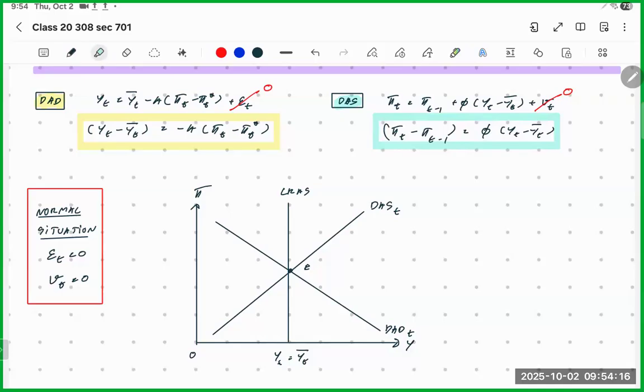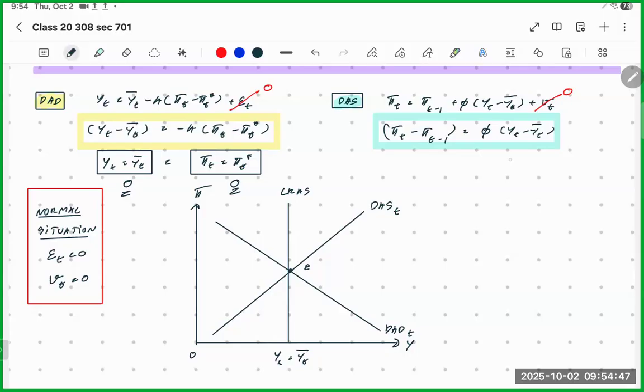Then let's see. At the equilibrium point, YT equals YT bar. Looking at the AD equation, the left-hand side of the equation equals 0, which means the right-hand side is supposed to be equal to 0 too, right? So it means that pi T, inflation today, is going to be equal to the inflation target. You see that?